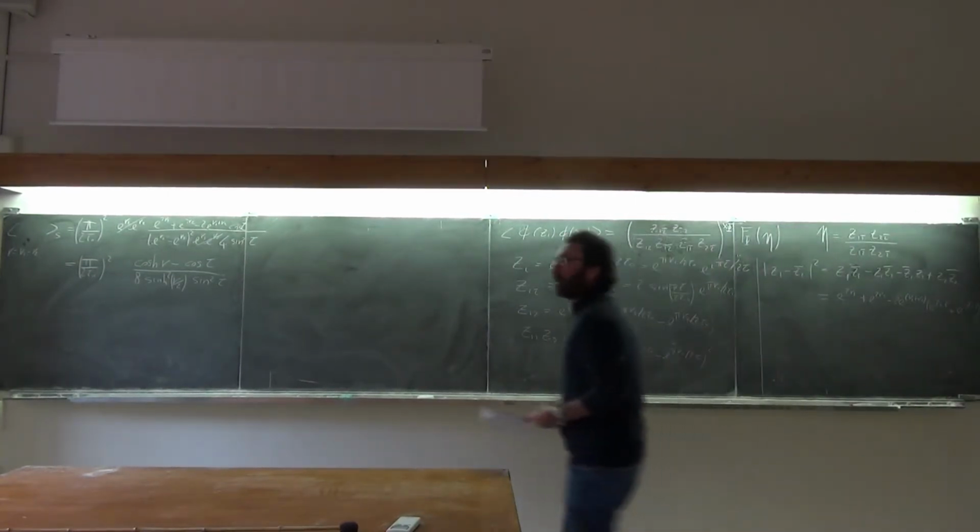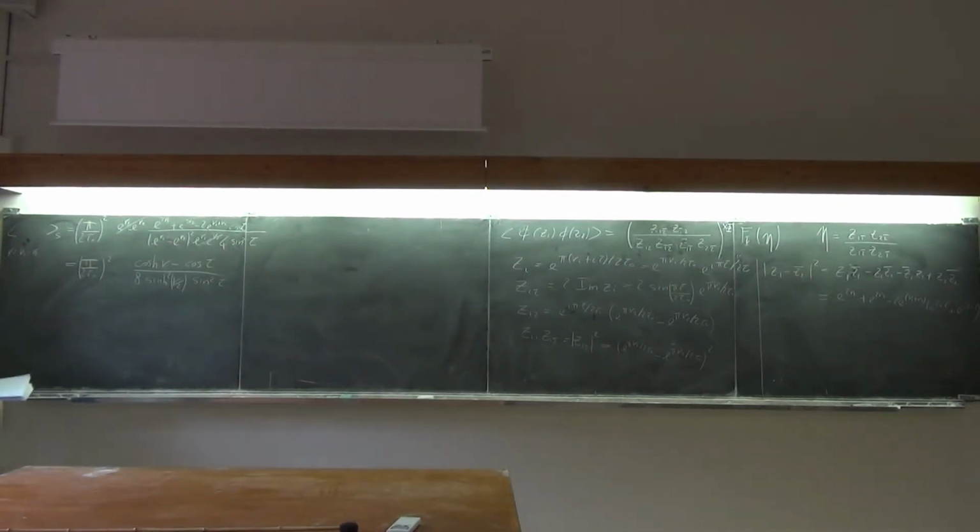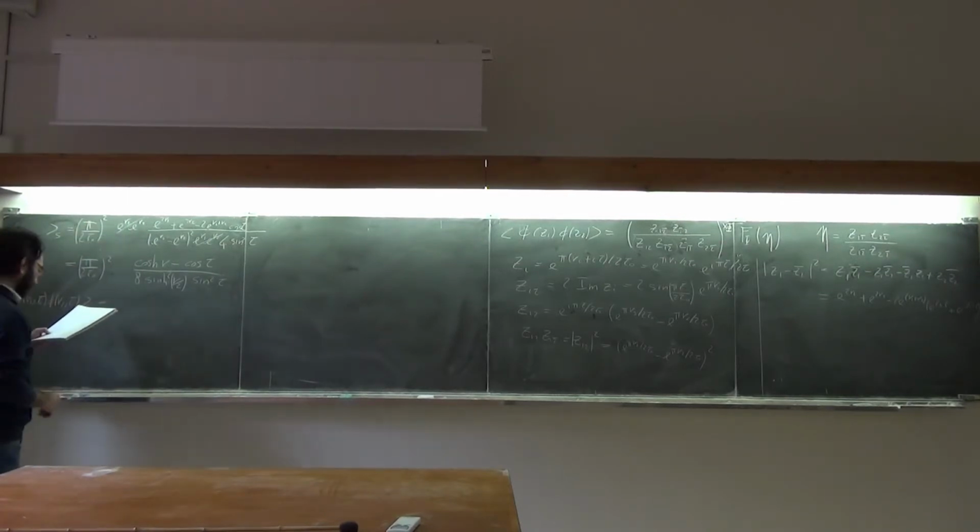Now it's time to restore the pi and tau 0. So the real two-point function, pi r1 t tau, pi r2 tau on the strip is equal to, okay, here everything is to the power x pi.